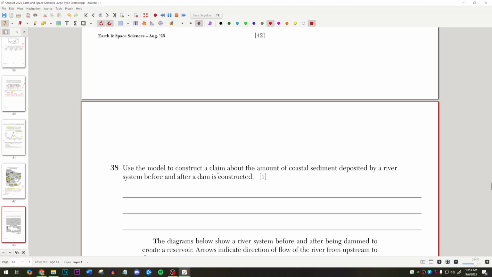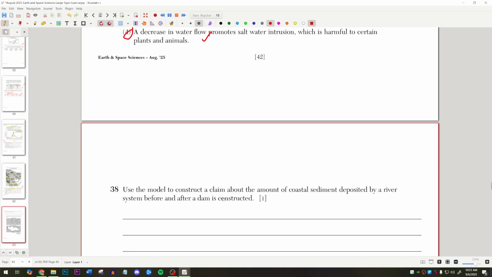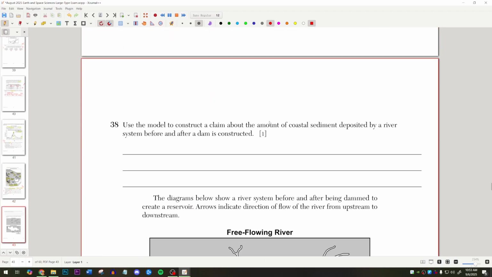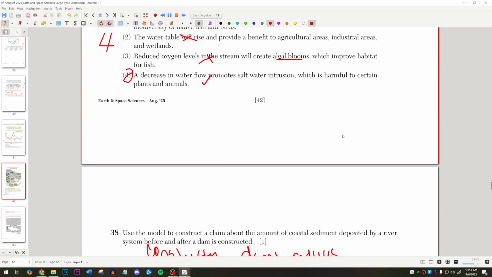Use the model to construct a claim about the amount of coastal sediment deposited by a river system before and after the dam is constructed. Okay, well, it said that here: loss of sediment transport. Use the model to construct a claim. Okay, so we could say constructing dams reduces... we're just going to copy exactly what it said.